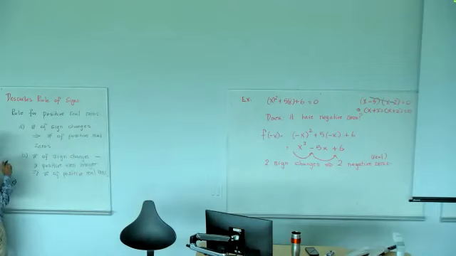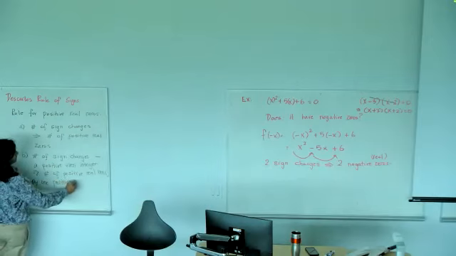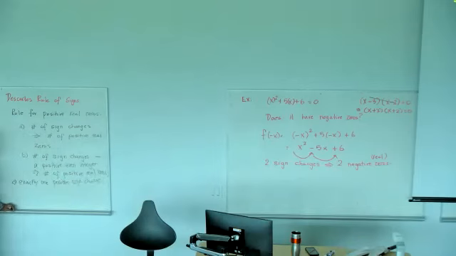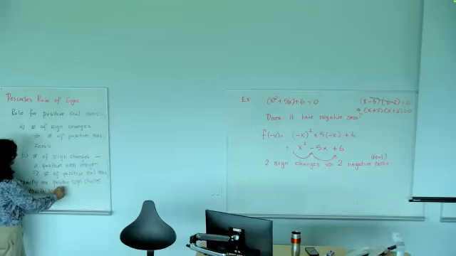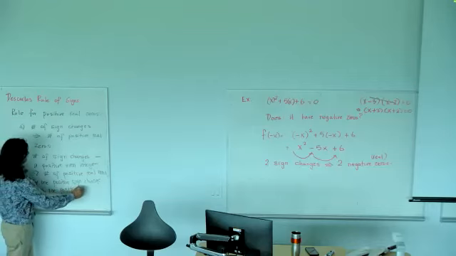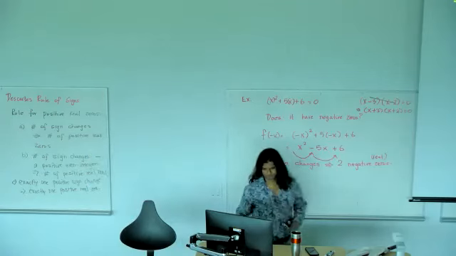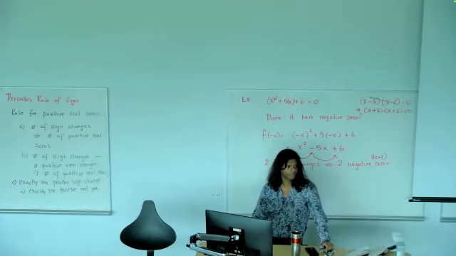So if you have exactly one sign change, then there will be exactly one positive real zero. Good? Yes.